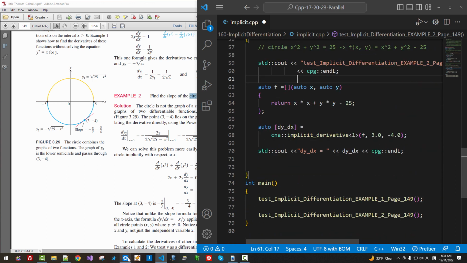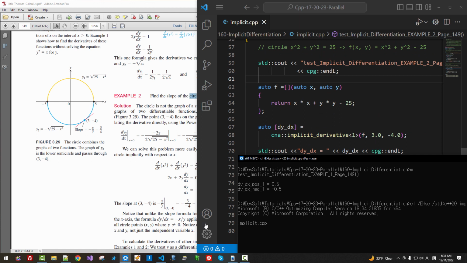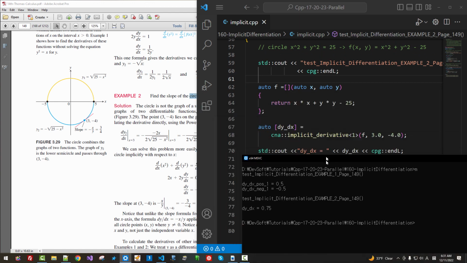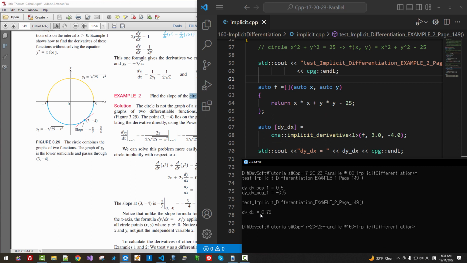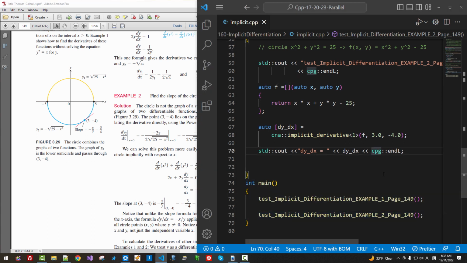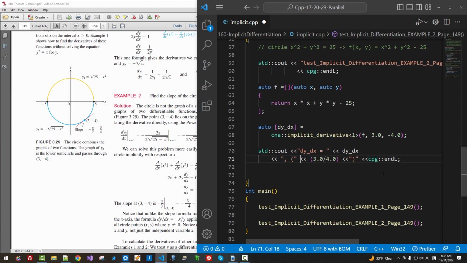Now, we will build again. Run. So in this case, the slope is 0.75. So 3 over 4 is 0.75. This is accurate. If you doubt, you can try this: 3.0 over 4.0. Let's try it.